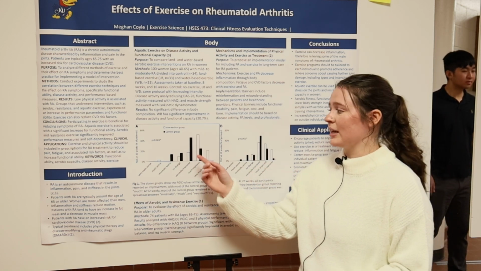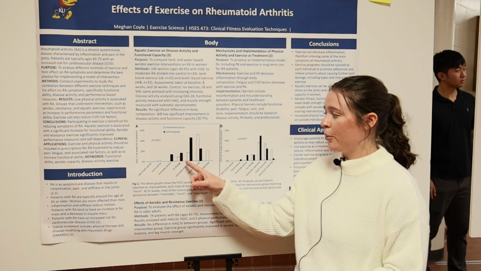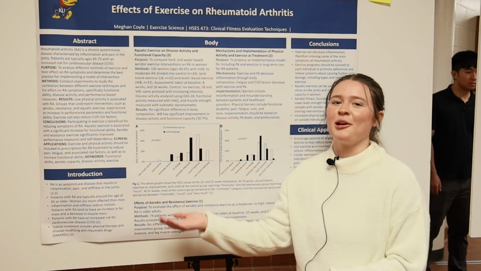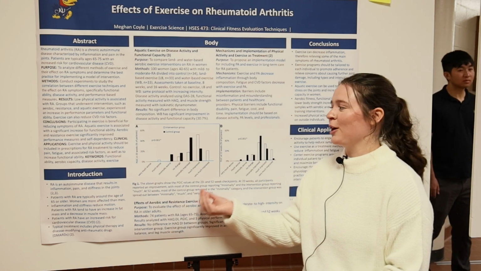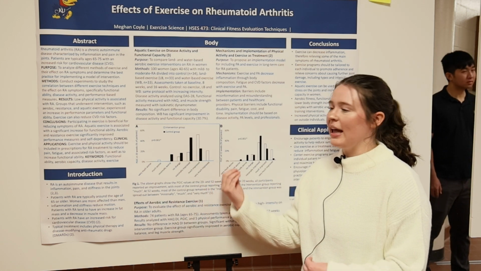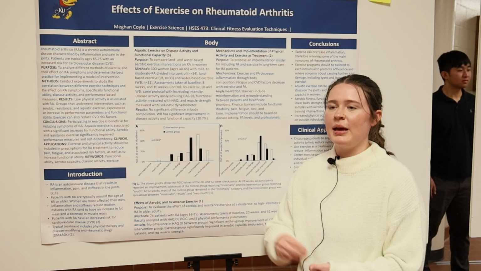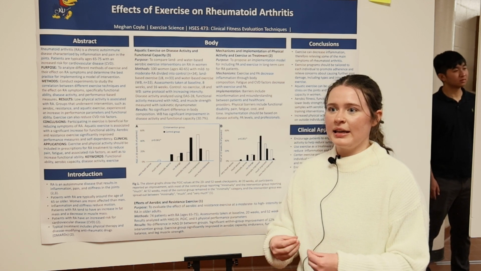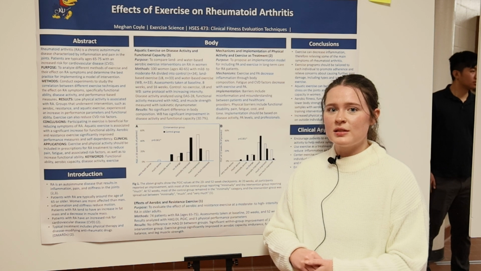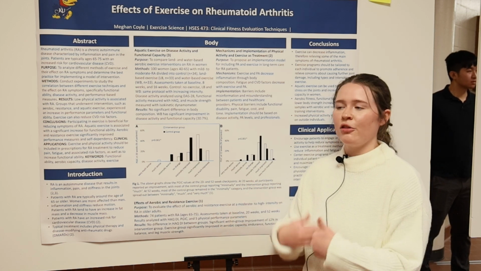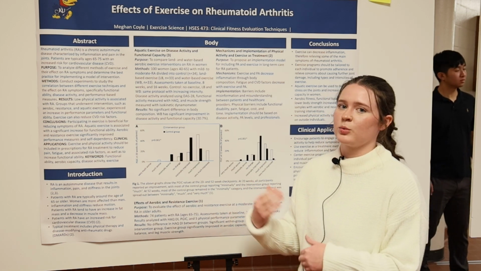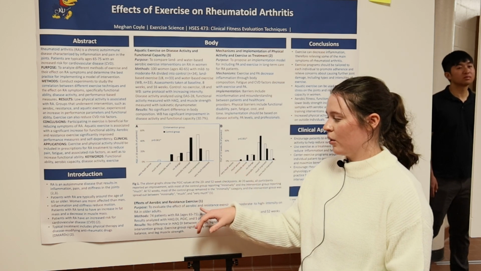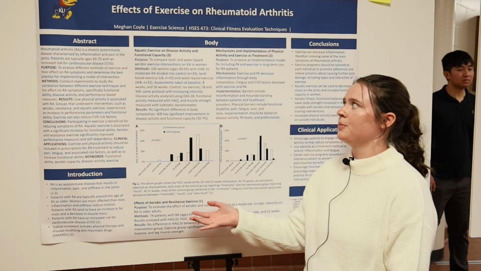And we can even see that the control group as well reported that they felt improved, more so than not improved. So essentially what we can take away from that is any type of exercise can make a patient feel better. Even if you aren't seeing qualitative or numerical results, how the patient feels, in my mind, is really what's most important. So that's a really important takeaway here, and how aerobic and resistance exercise can be beneficial.